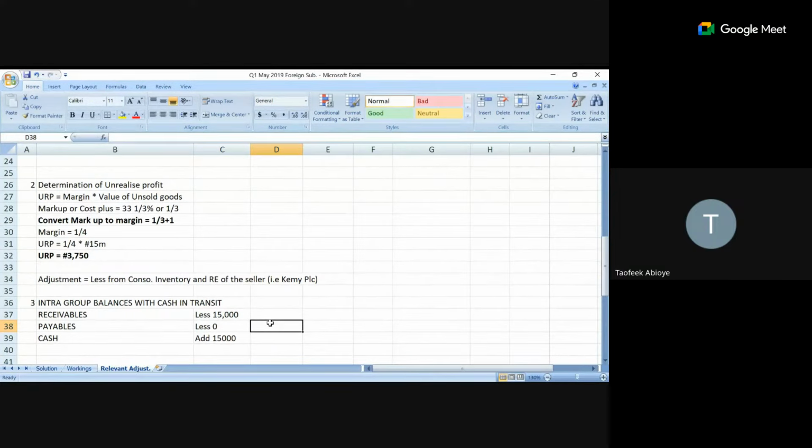Now, the trick here is that these two amounts should be 15,000, but due to one reason or the other, cash in transit occurs. So we are adding 15,000 to this, while the difference will affect one of them.